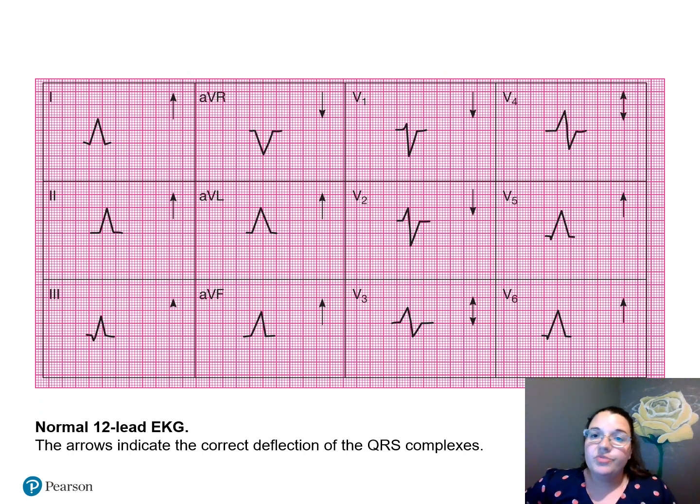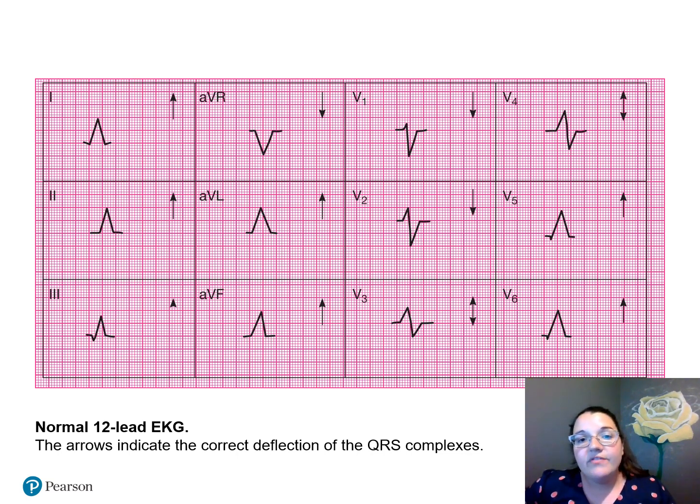All right, so here's your beautiful 12 lead. Remember, I had asked y'all in EKG 1, you need to know how to draw it. Your first 3 are lead 1, lead 2, lead 3, AVR, AVL, AVF, V1, V2, V3, V4, V5, and V6.